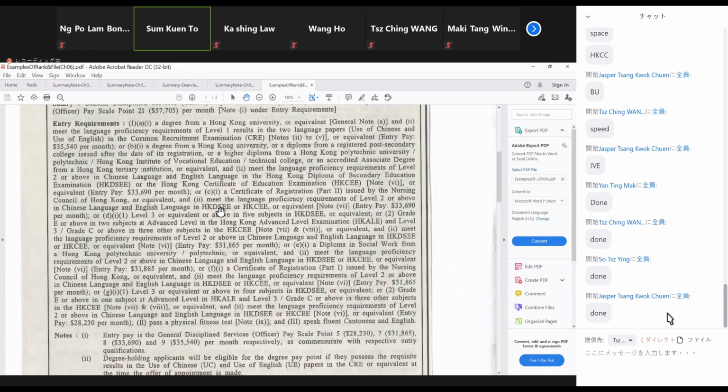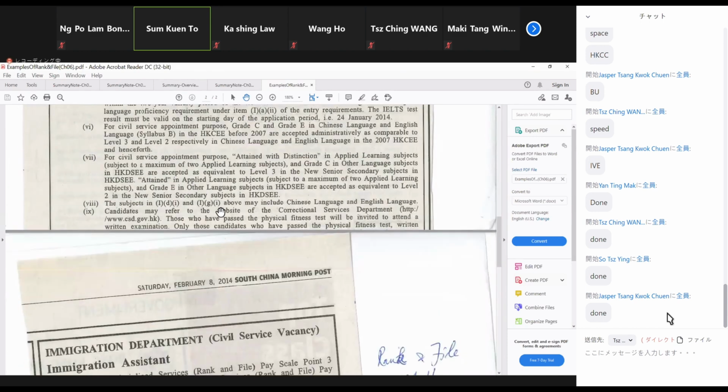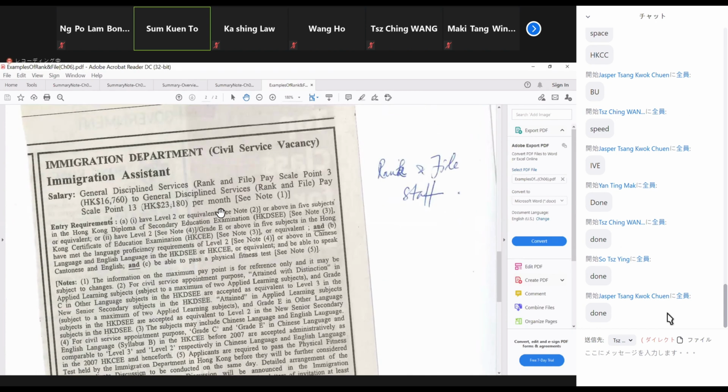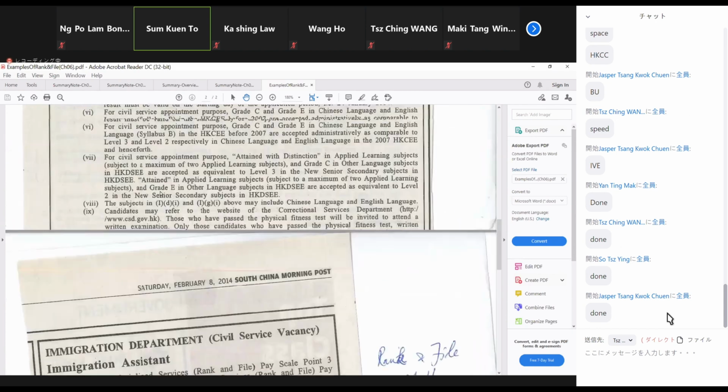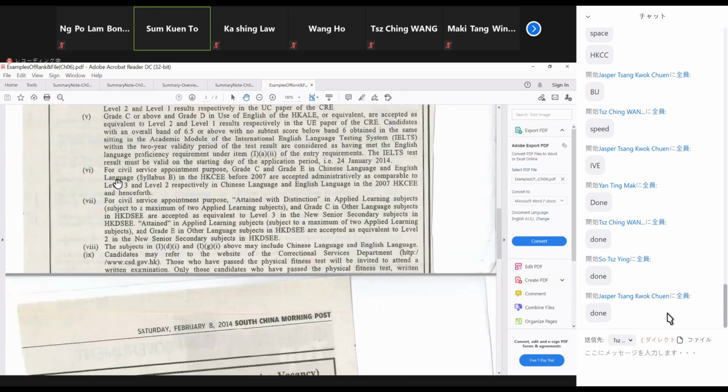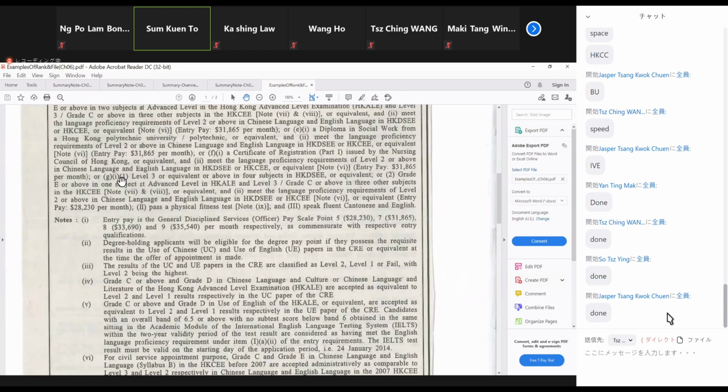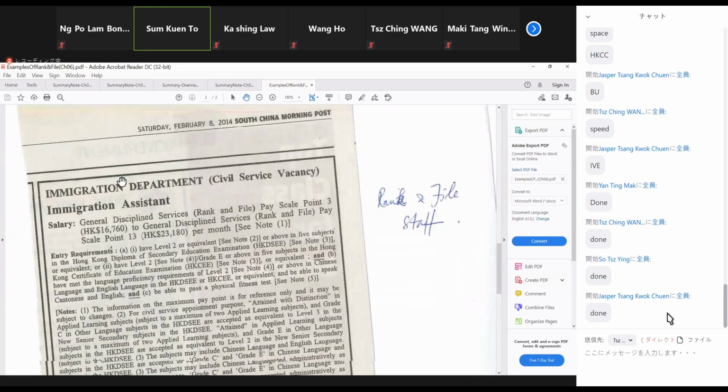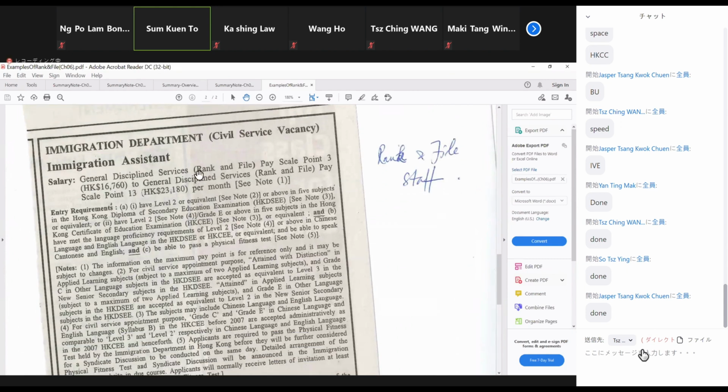However, if you think I'm not good enough, and you are not applying for officer, 唔係主任級, then you may apply for something like assistant. So as assistant, you can see from the term here, you yourself will be called 基層, okay, and this is rank and file with a lower salary.